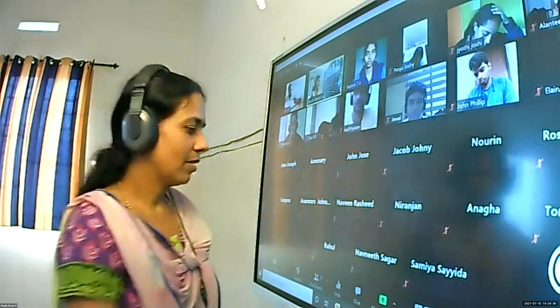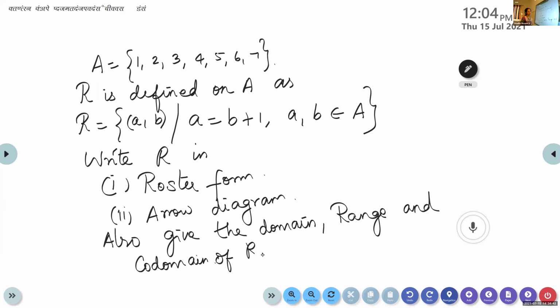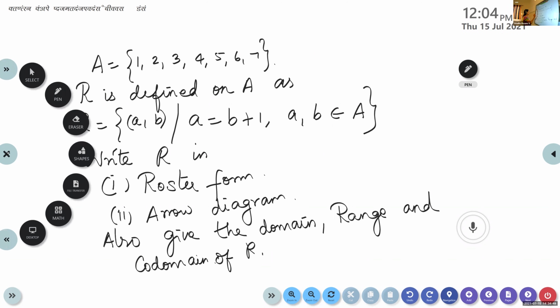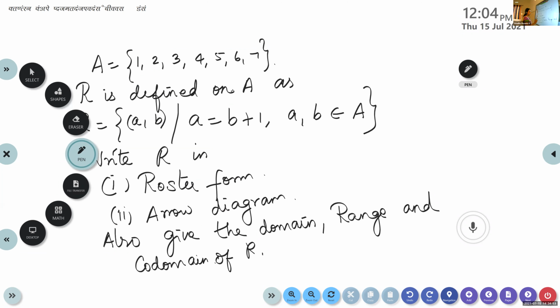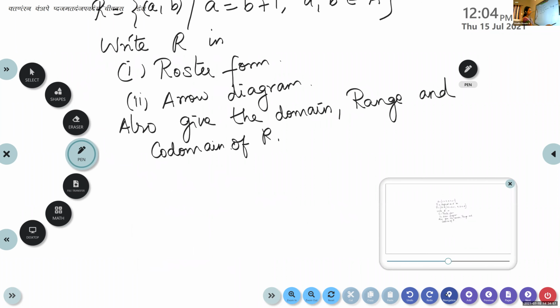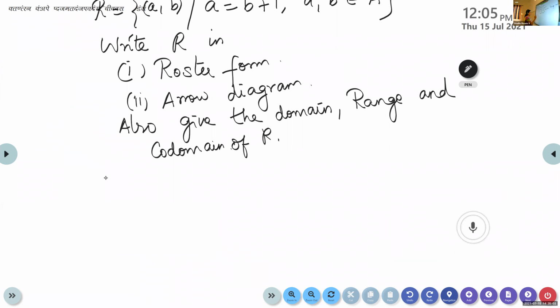Let's first represent R in roster form, and then we can write the rest.